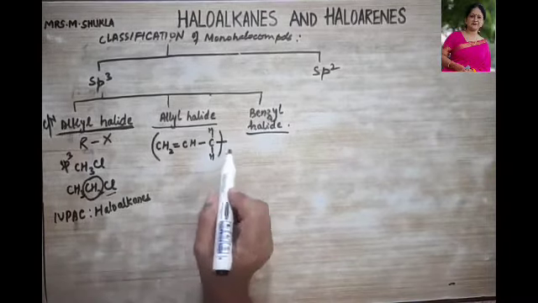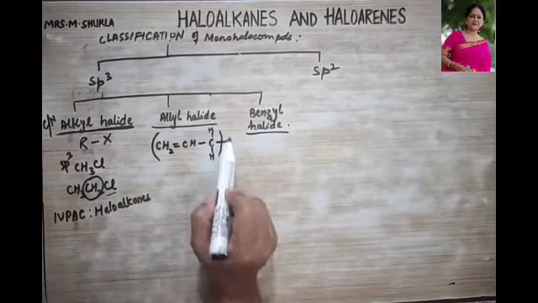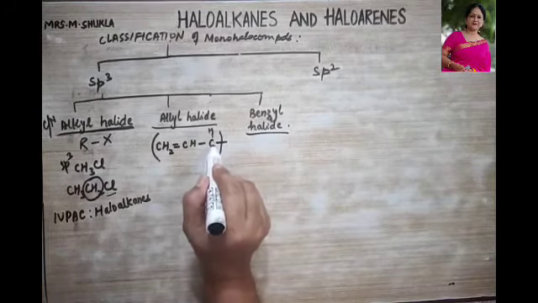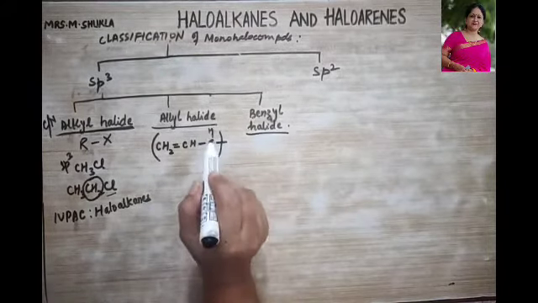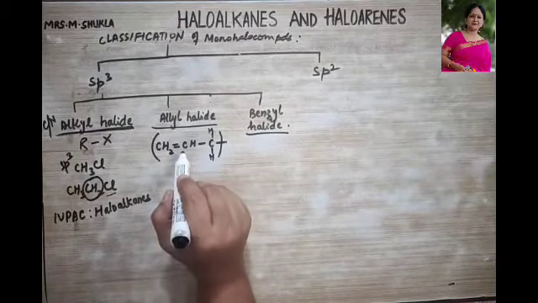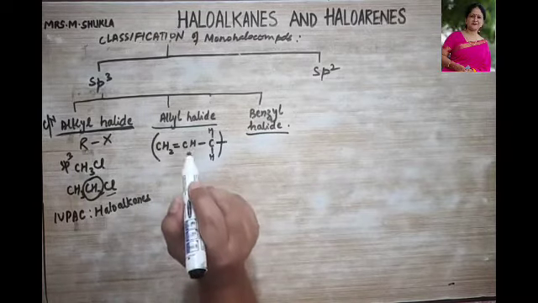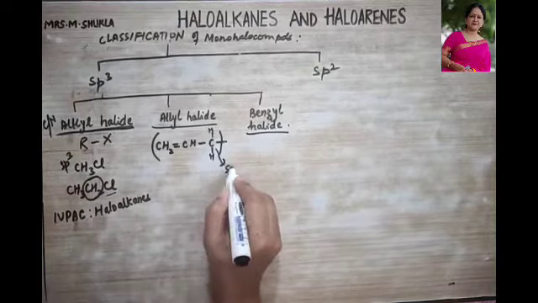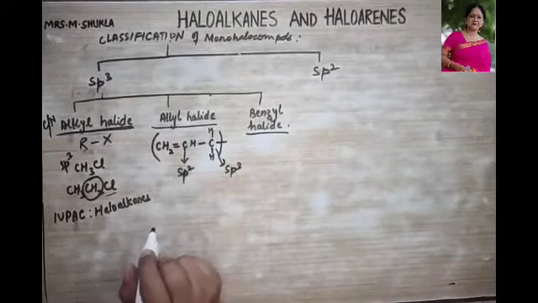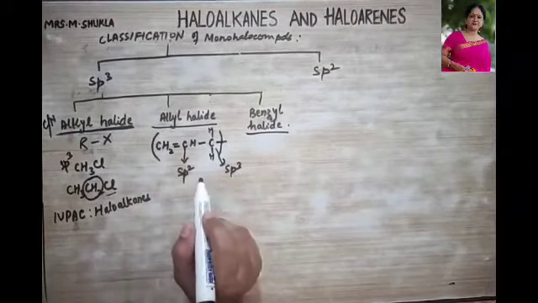Is this point clear? What did I say? In allyl halide, the halogen will attach itself to the carbon which shows Sp3 hybridization, and this carbon is attached to the neighboring carbon which has a double bond and shows Sp2 hybridization. So this shows Sp3 hybridization, and this shows Sp2 hybridization. Such a compound is called allyl halide.